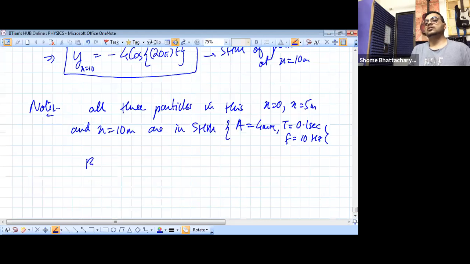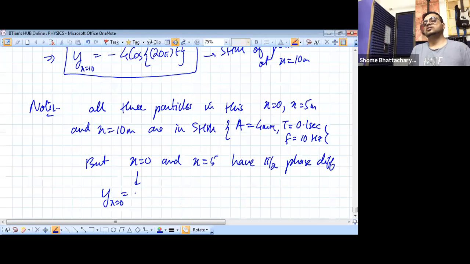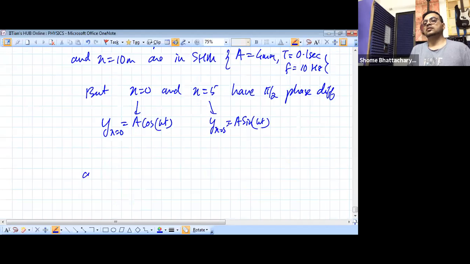But x equal to 0 and x equal to 5 have pi by 2 phase difference, because this one was A cos omega t and this one was A sin omega t. And in comparison, x equal to 0 and x equal to 10 have a phase difference of pi.